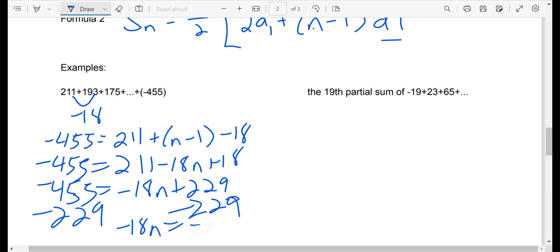Be equal to negative 684, and then divide both sides by negative 18, and you will get n is equal to 38.